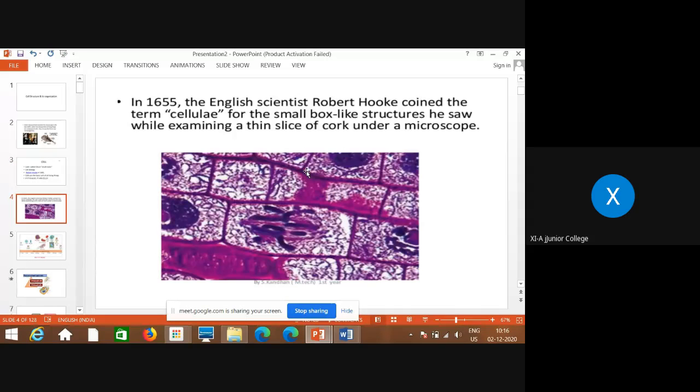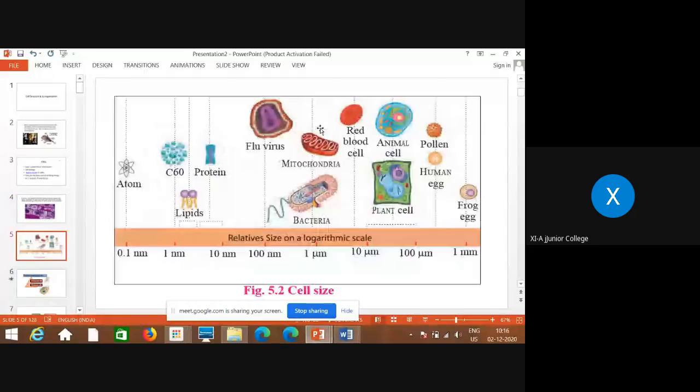Cells, as you know, are the basic unit of life. And in 1655, sorry, 1665, Robert Hooke coined the term cellulae. Cellulae is nothing but the small compartments or box-like structures that he first observed when he looked at a cork slice under the microscope.